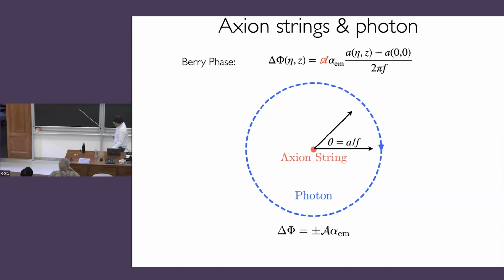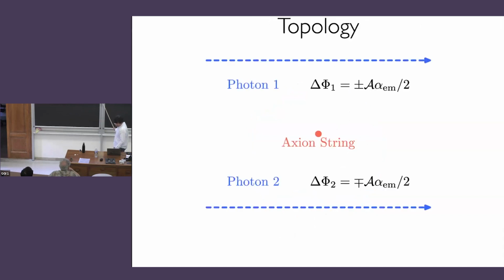Now, this certainly is not very realistic. I'm never sending a photon around a string somewhere in the universe. But since it's a topological effect, we can do whatever we want with the geometry. So I can take these two photons and tear them apart. Now I have two photon paths on the two sides of the axion string, coming from minus infinity to plus infinity, for example. These two paths, due to symmetry, would pick up the same amount of phase in absolute value.